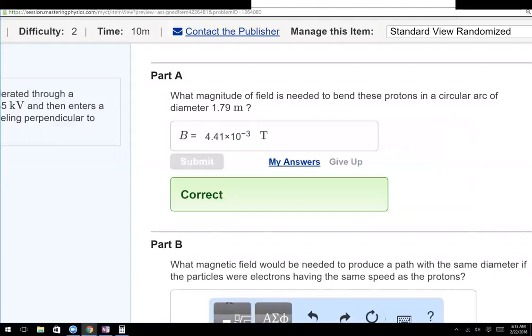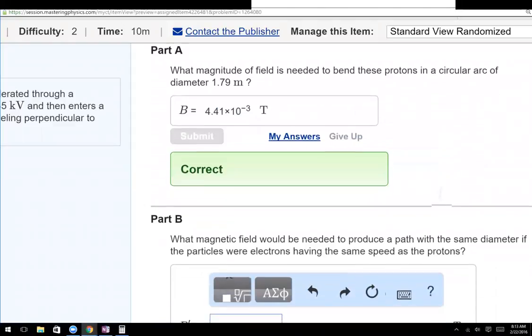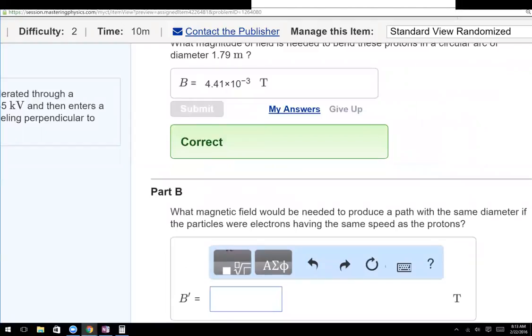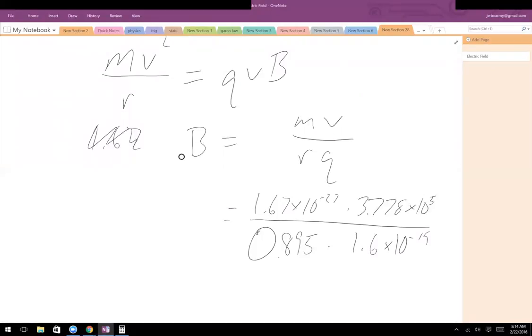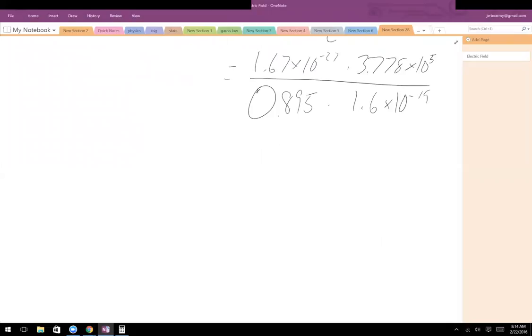Okay, if we had electrons instead of protons, I'm not going to rework it because we actually would have to rework quite a bit. But there's two things that are going to change. The mass of an electron is, I think, 9.11 times 10 to the minus 31, if I remember right.